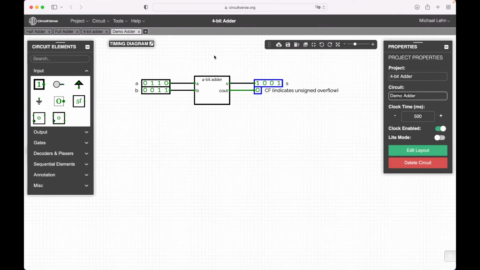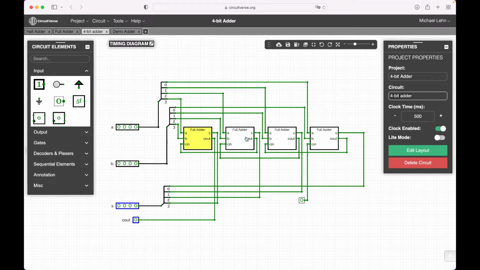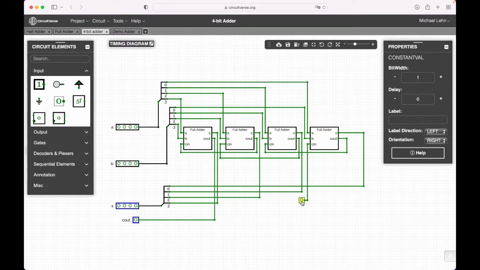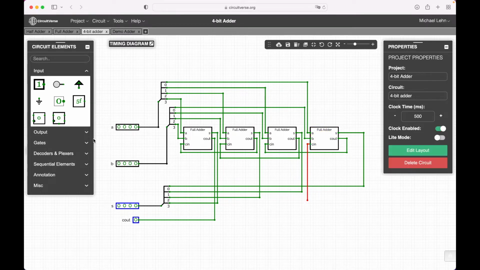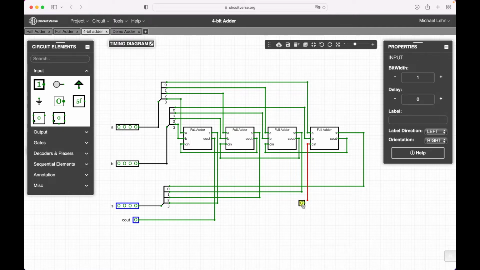So here you see this demo for the 4-bit adder without the fancy hex displays from last time. Now let's see the details of this building block. So here you have these 4 full adders, and this is this constant input that I was talking about, and this input now gets replaced with some variable input, and this variable input now gets the label Cin.